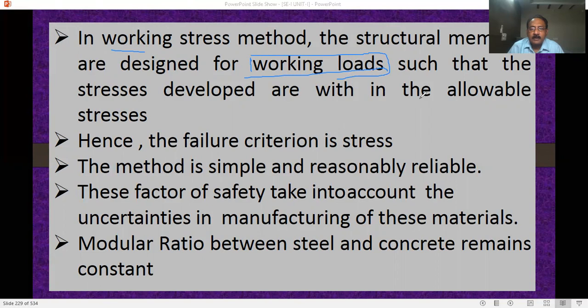But these stresses are developed within allowable stresses. These stresses will be considered for the partial safety factor. So here the failure criterion is stress. See how beautiful this concept is. In the working stress method, what is the failure criterion?